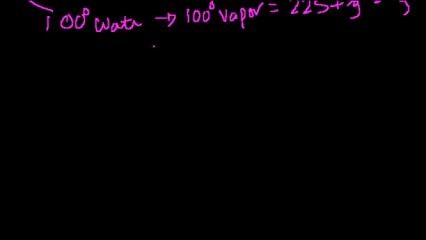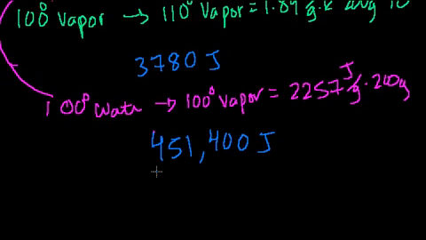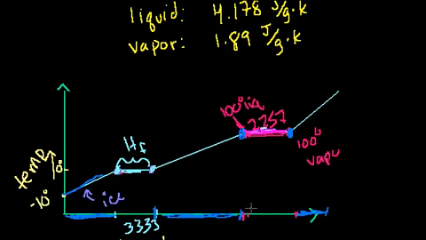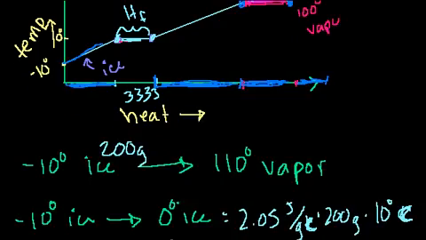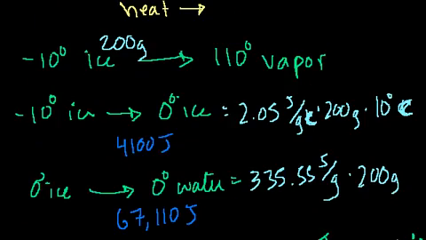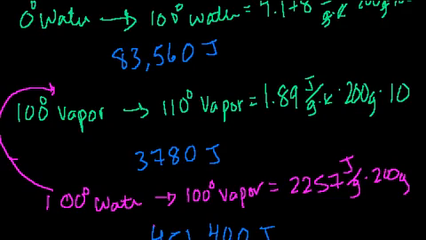Do it in that blue color. 451,400 joules. So this piece right here is 451,000 for our sample of 200 grams. This piece right here was 83,000 joules. This piece right here was 3,780 joules.